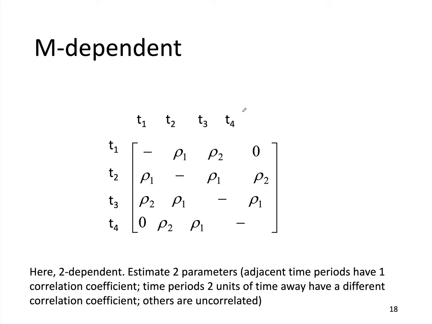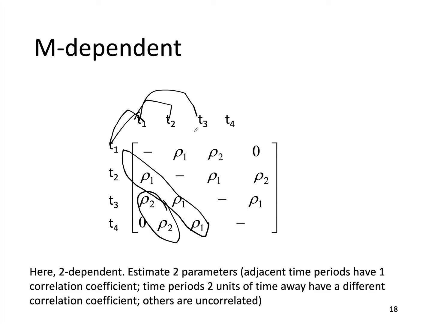We can then further specify this by saying that we have one correlation that happens at 1 unit difference, so time 1 to time 2, but then a different correlation at time 2 to time 3. And then we might say, okay, by the time you get to time 4, there's independence. So we would specify that there's correlation here, a different correlation there, and no correlation there.